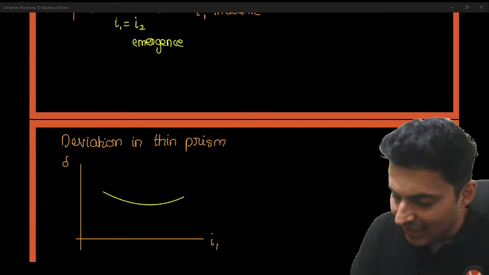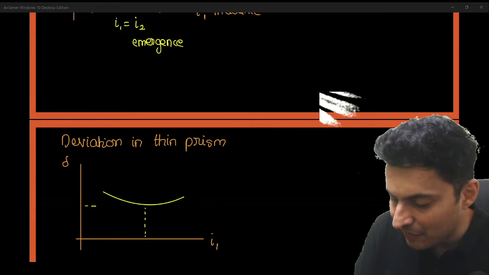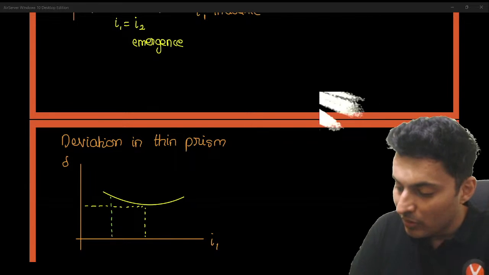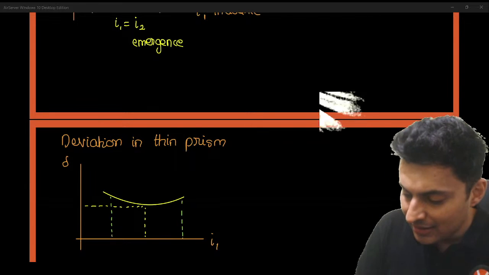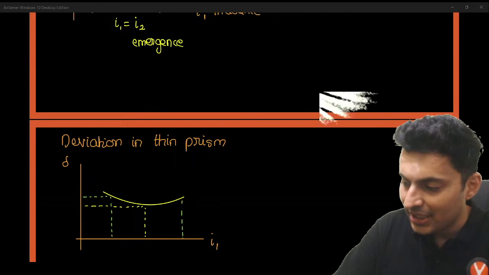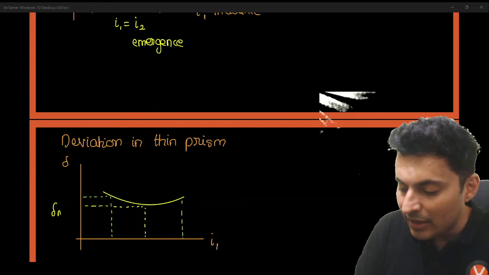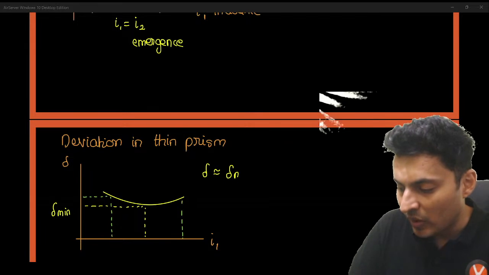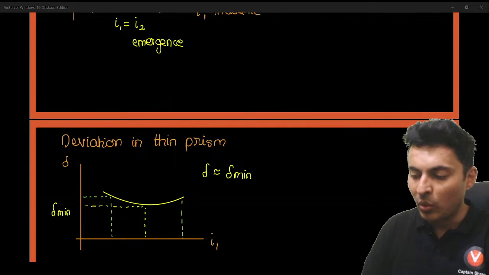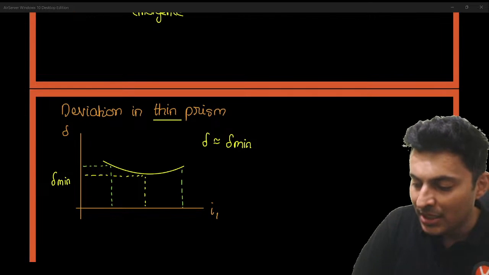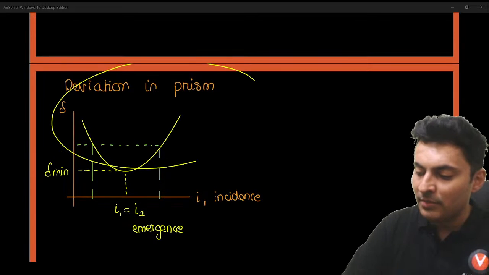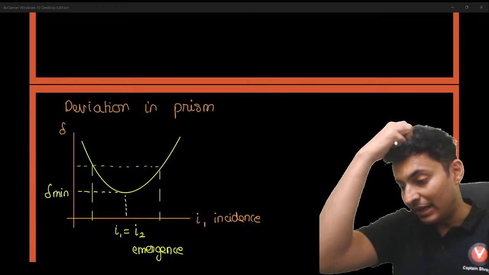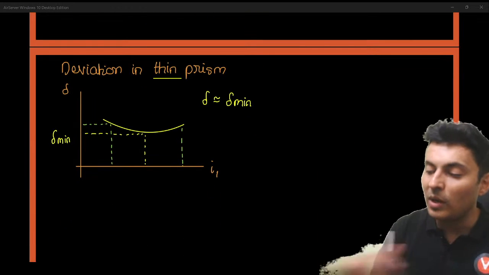Be it any angle of incidence, the deviation values do not change much. No matter how much you change the angle of incidence, the deviation has not changed much. Hence, only in the case of a thin prism, deviation for most angles is approximately the minimum deviation. This is for a normal prism, where it can have many values. Only for a thin prism, it's almost similar.